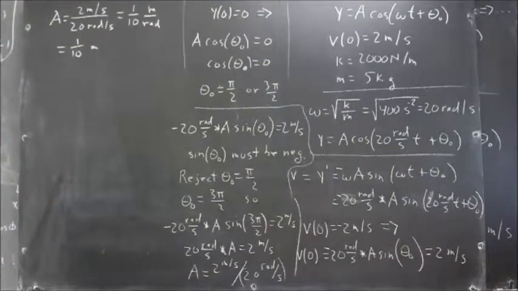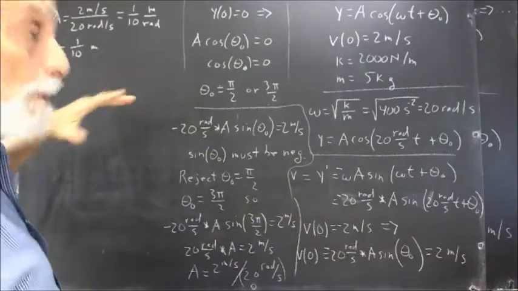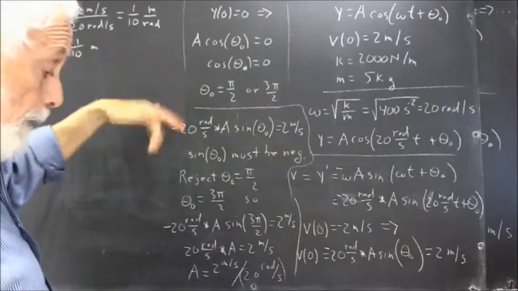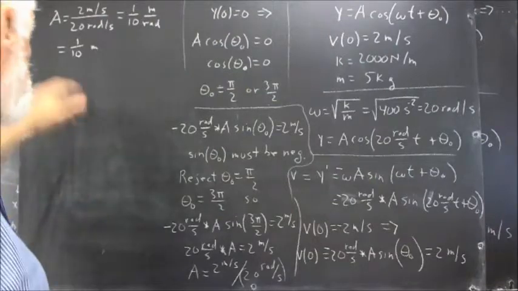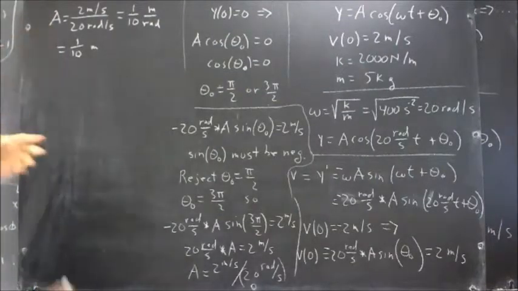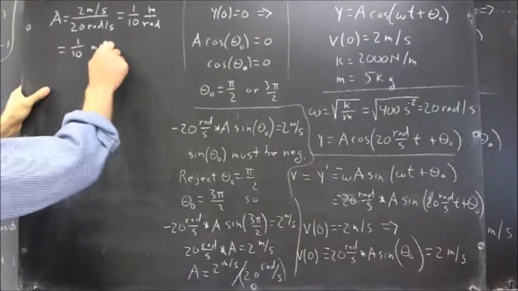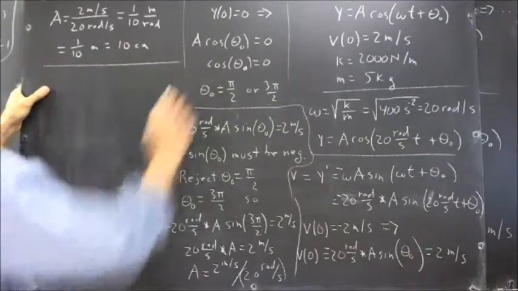For the same reason that when you multiply a meter of radius by a radian of angle, you get a meter of arc length. If you divide a meter of arc length by the angle, you get a meter of radius. And the amplitude corresponds to the radius of the unit circle, so that all works out. And of course that could be 10 centimeters.